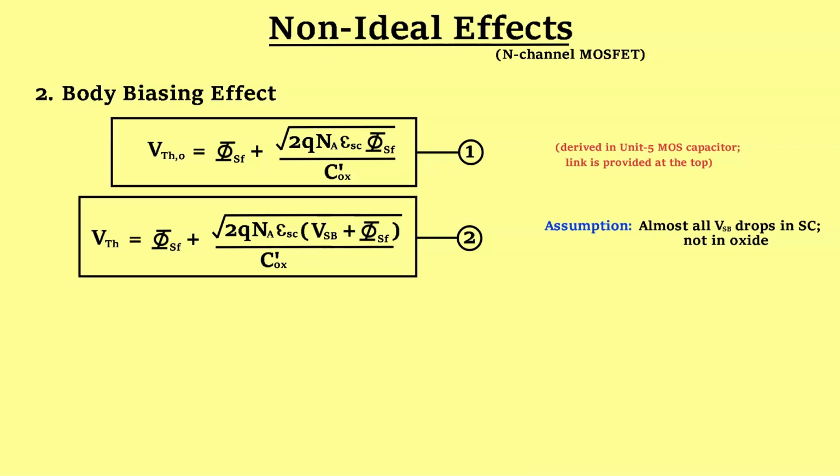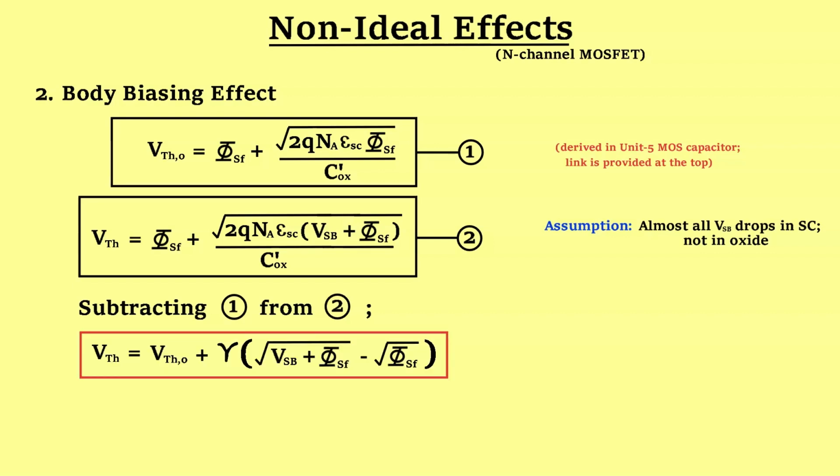Let's name this equation. Now, subtracting equation 1 from equation 2, we will have the value of threshold voltage at any voltage difference between source to body, which will be equal to threshold voltage when source and body terminals are shorted plus gamma multiplied by square root of surface potential plus potential difference between source to body minus square root of surface potential, where gamma is referred as body coefficient, which is equal to square root of 2 times the magnitude of charge on an electron multiplied by doping concentration into permittivity of the semiconductor divided by capacitance per unit area.